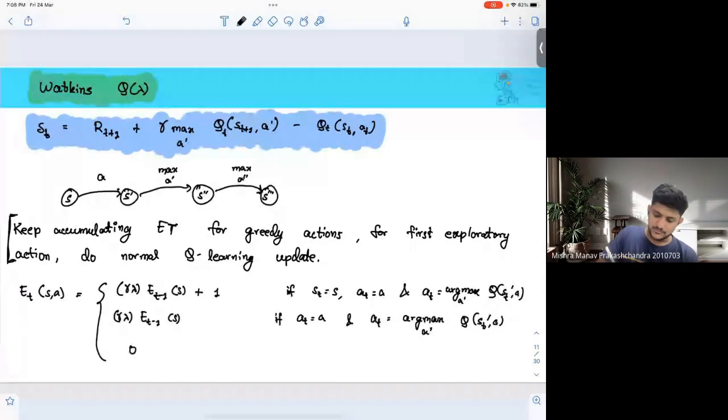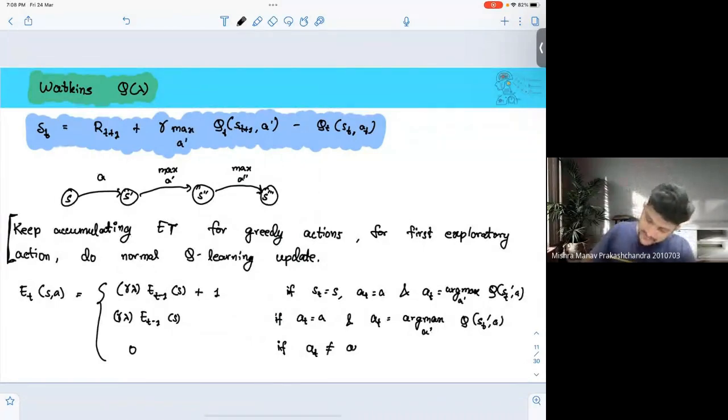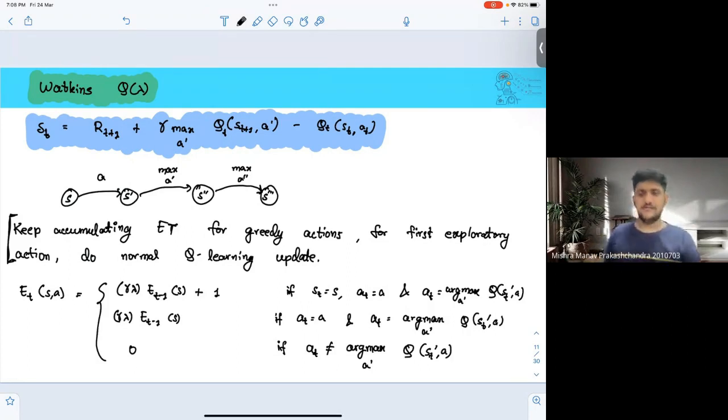Otherwise, the moment I take a first exploratory action, I stop accumulating all the eligibility traces and do my normal Q learning update. E_t vanishes. This is true if A_t is not equal to the argmax over a prime of Q(S_{t+1}, a).